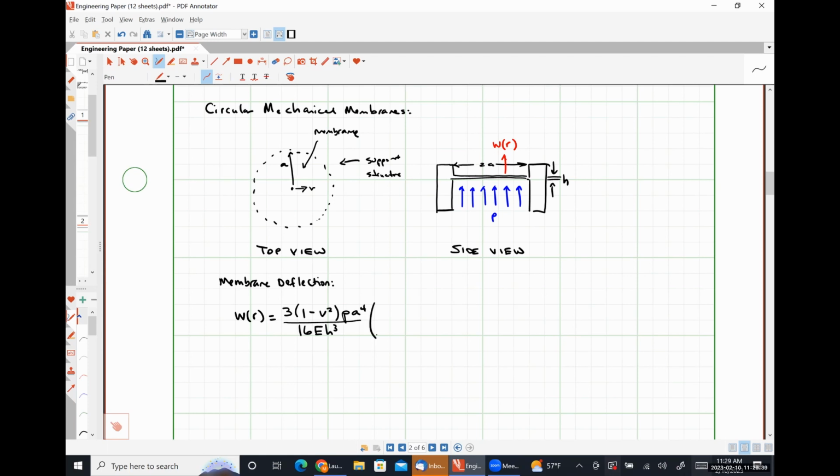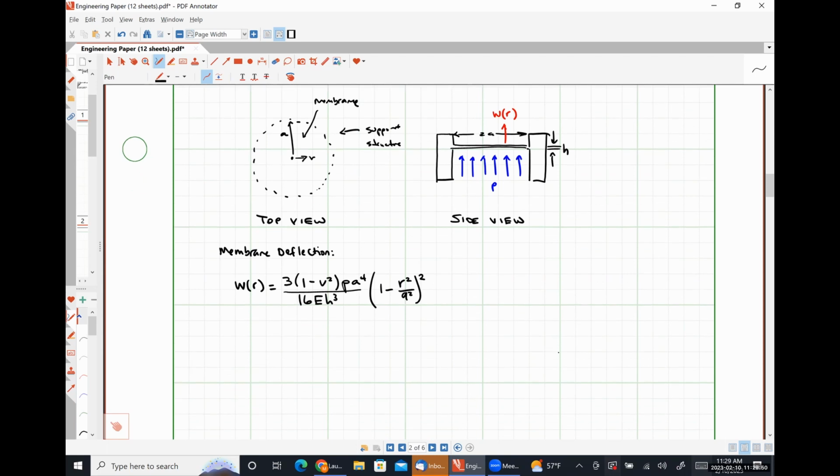That term there is multiplied by a factor of 1 minus R squared over A squared quantity squared. And underneath here, I'm just going to define things just so we're all talking about the same thing. V is Poisson's ratio, which is a material dependent constant. P is a differential pressure.